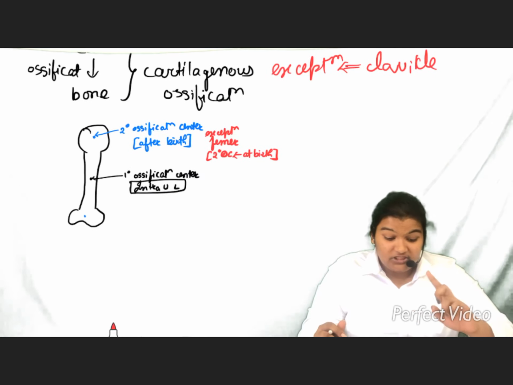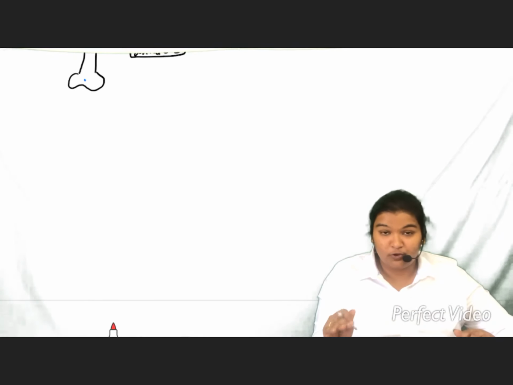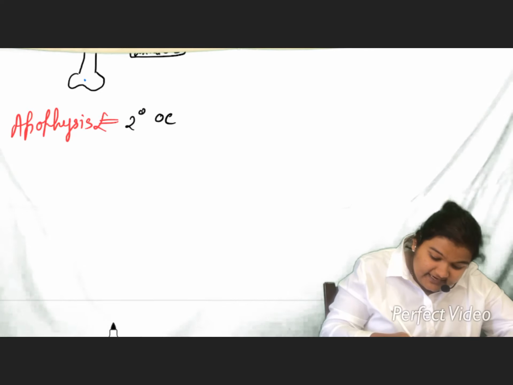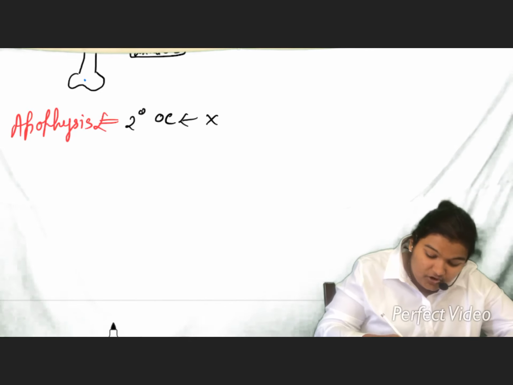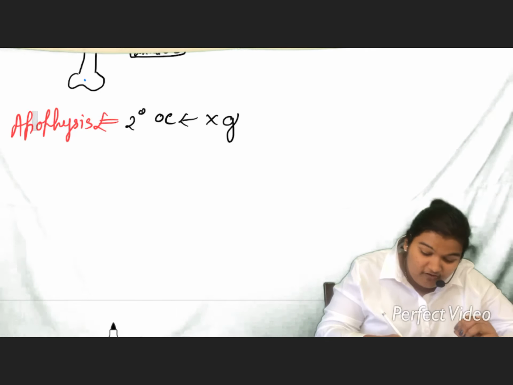Now, the secondary ossification center which is not responsible for growth is the apophysis. Let us put a heading, apophysis. It is a secondary ossification center not involved in growth.